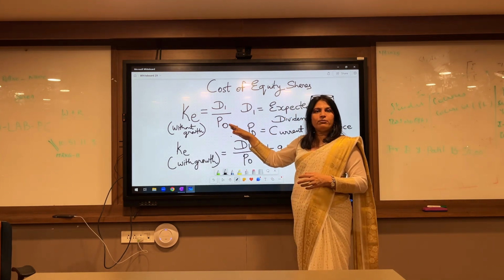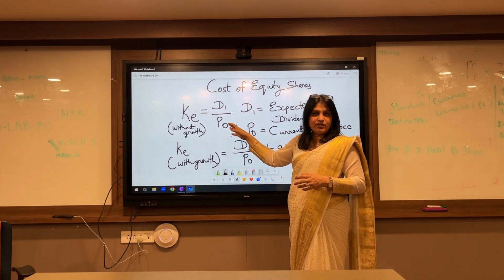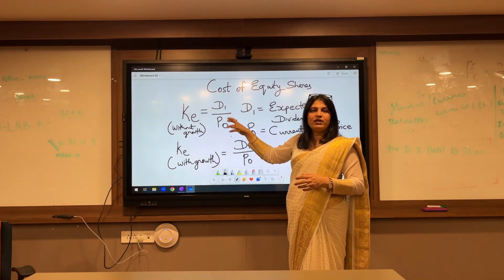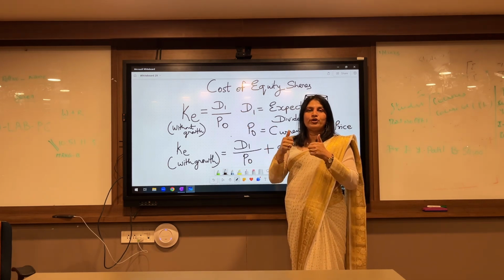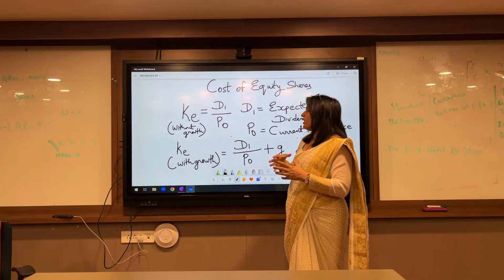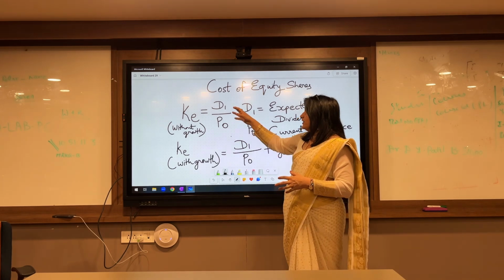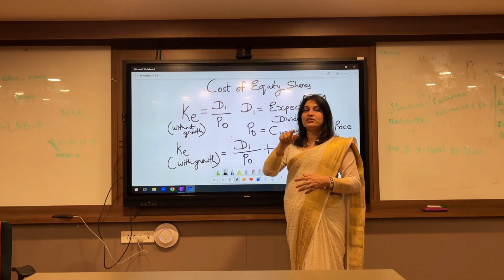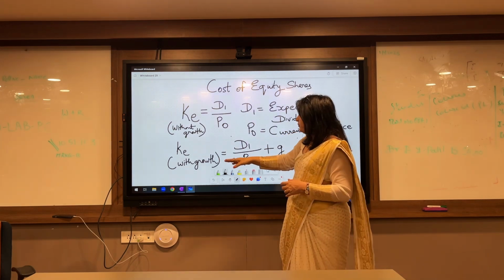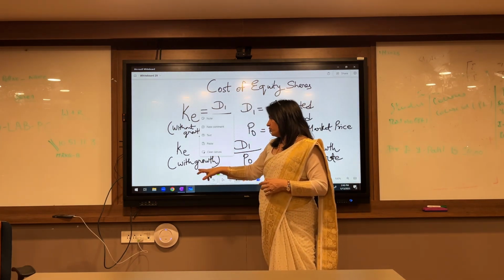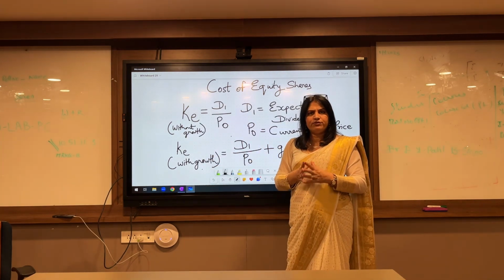And here when we talk about the price, we will be specifically mentioning the current market price of shares. So the point to be noted: in P0 we write the current market price, and D1 is D0 plus the expected dividend of the shareholder. Coming to KE with growth, how do we calculate cost of equity with growth?